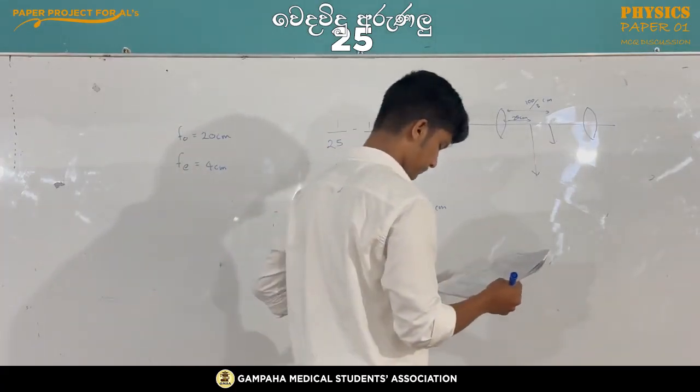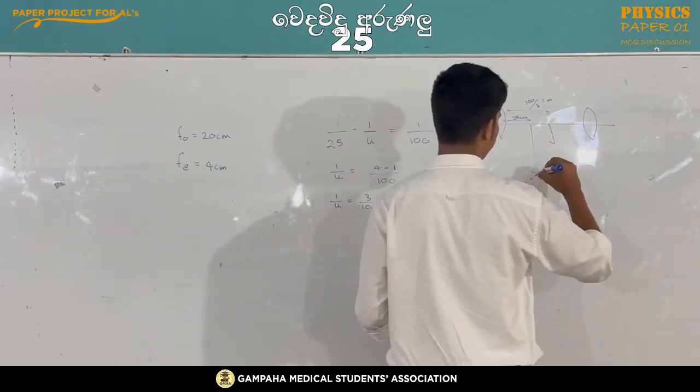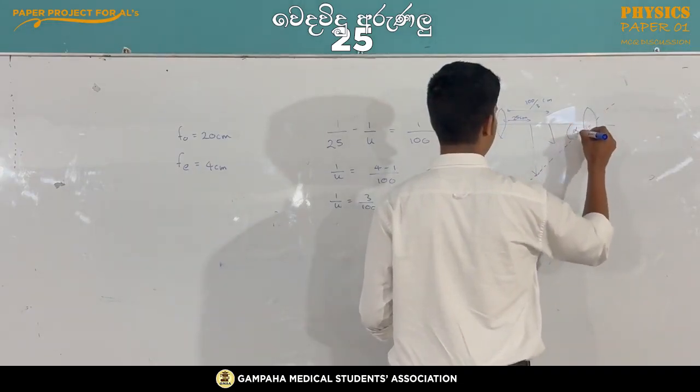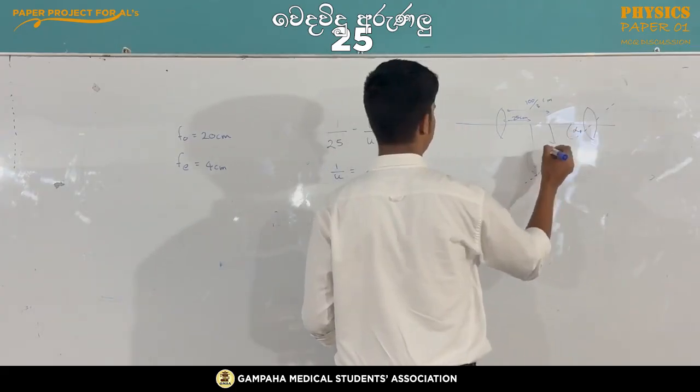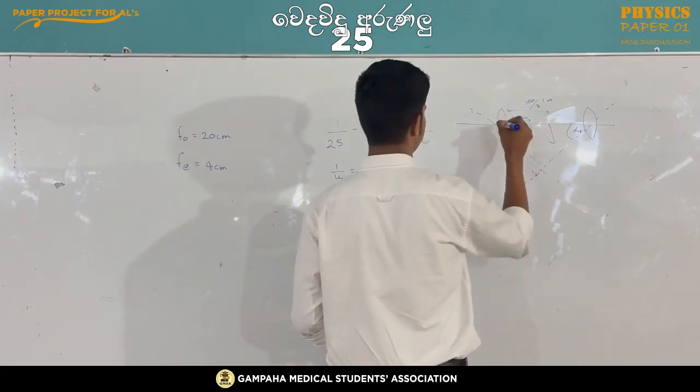So thereafter, for us to get the angular magnification, we have to get the angles. I'll mark this as alpha 1 and this as alpha 2.